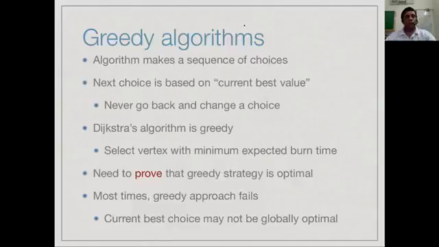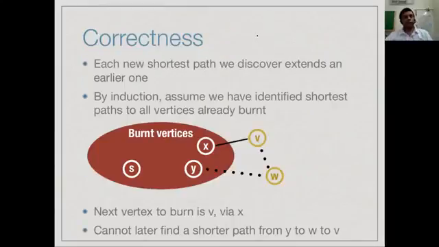And then somehow, magically, this best choice that you make on local information turns out to be globally the best trajectory to take. So for such greedy algorithms, it's important to establish that this local choice of the next step actually gives us a global optimum, because very often this kind of a local heuristic does not give us a correct algorithm. So let's first look at the correctness of Dijkstra's algorithm.